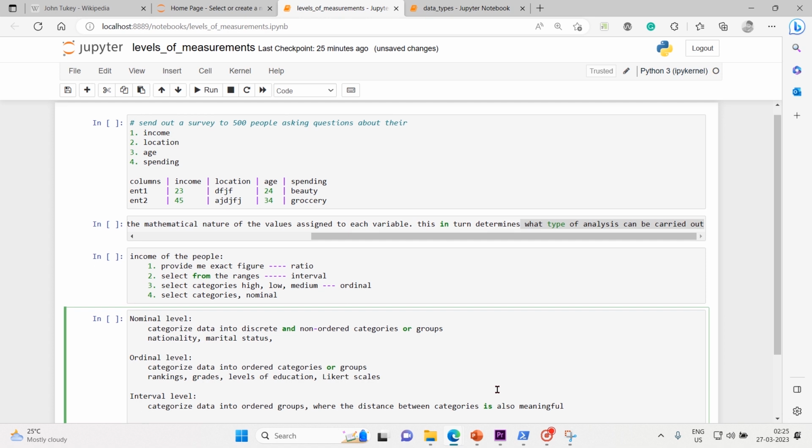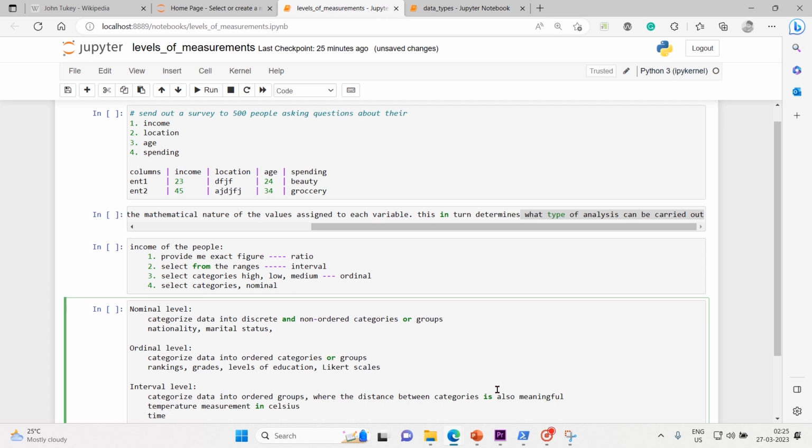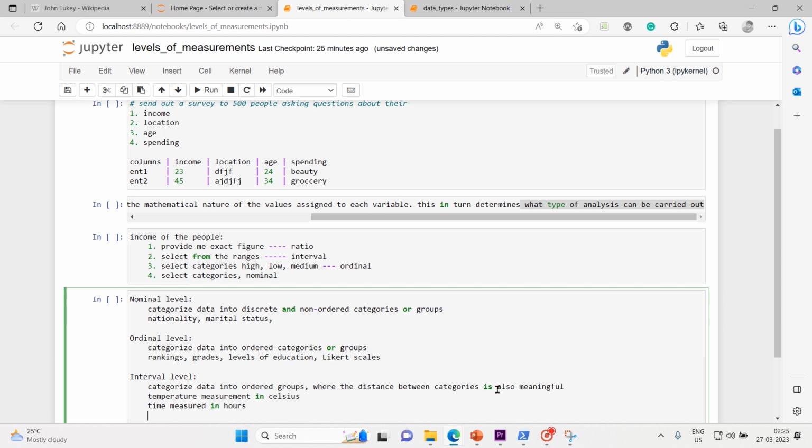The best examples include temperature measured in Celsius or Fahrenheit, which is given everywhere, and time measured in hours, minutes, or seconds.